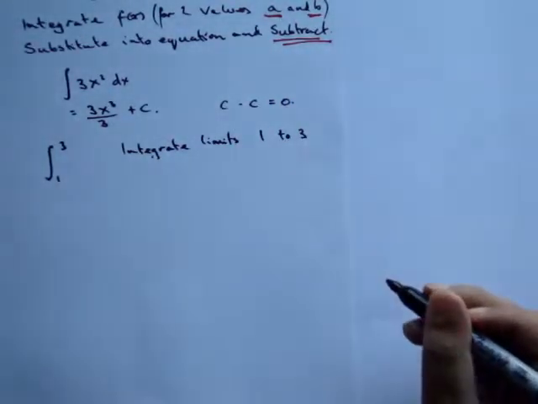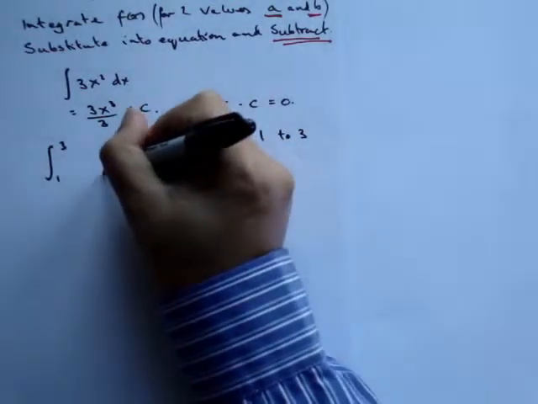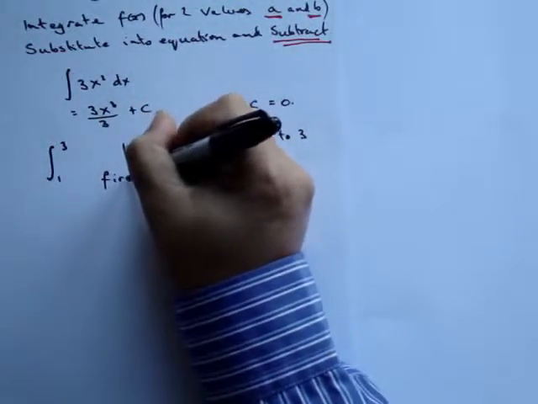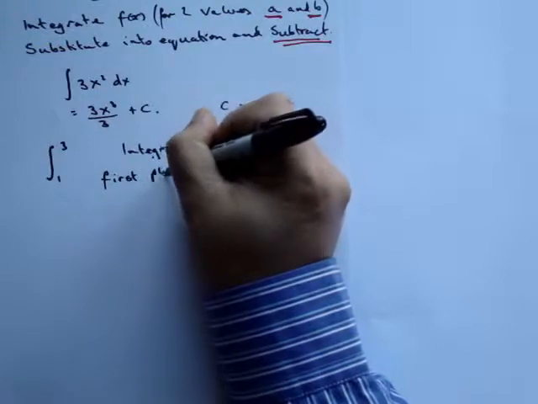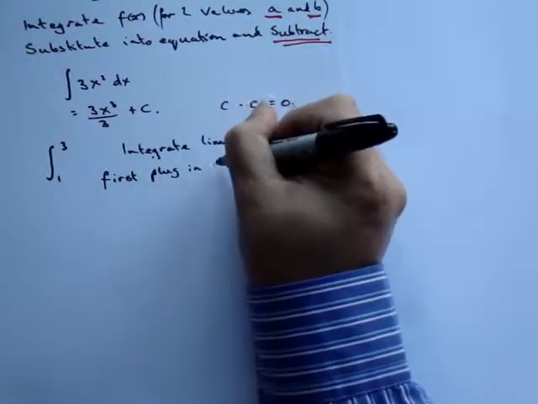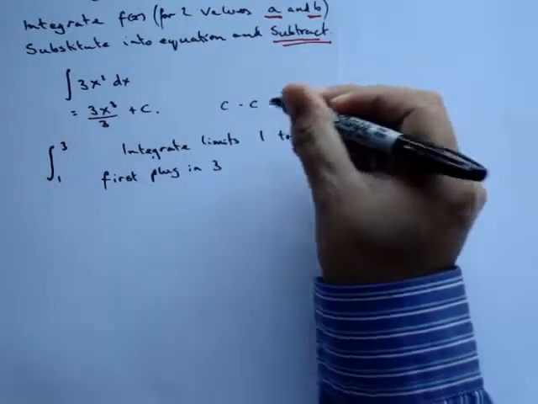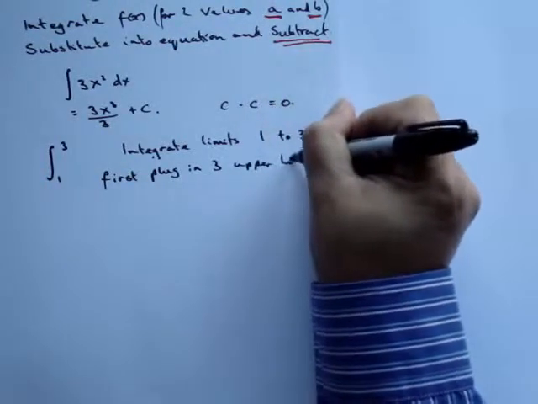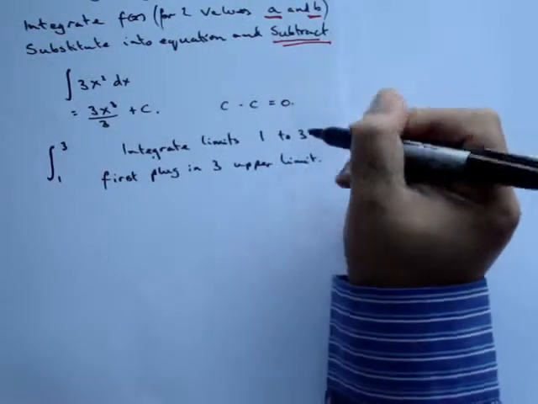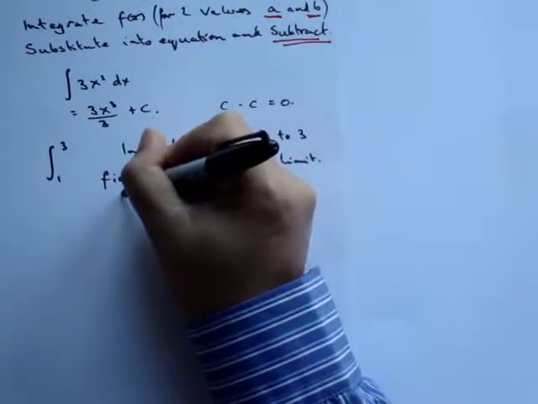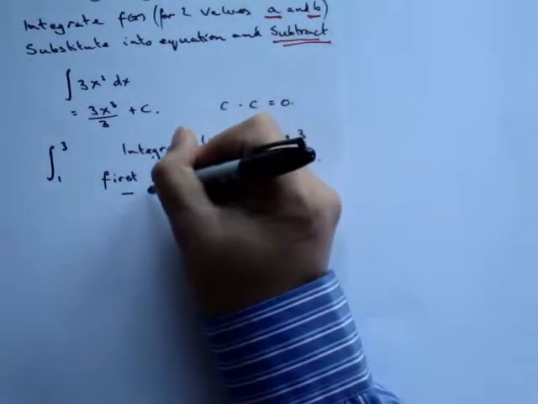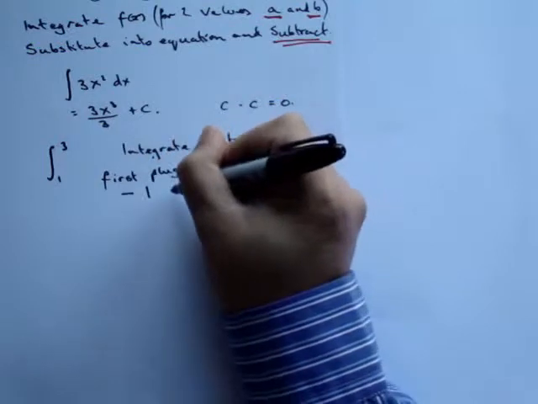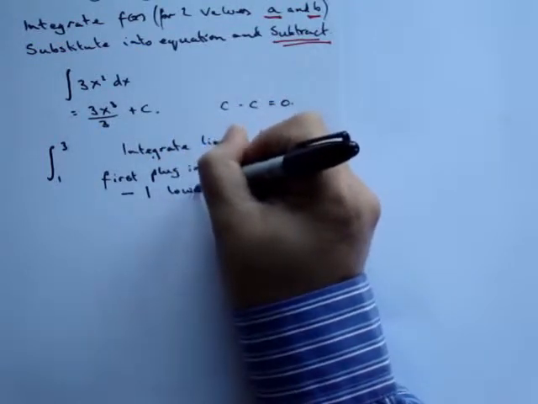However, when we calculate it, we first plug in 3, which is the upper limit, and then we subtract after we plug in 1, which is the lower limit.